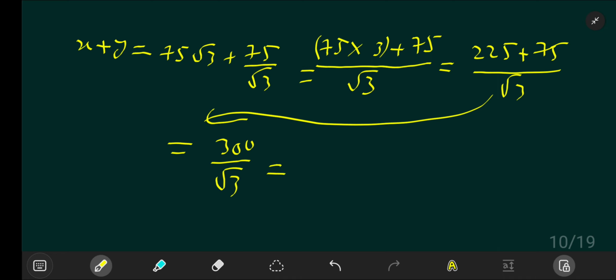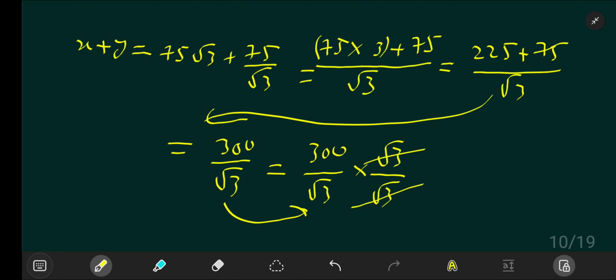Sometimes this value is also not there in the option, so we have to multiply root 3 by root 3 in the numerator and denominator. If we cut this root 3 into root 3, we are left with this only, no changes will be there.